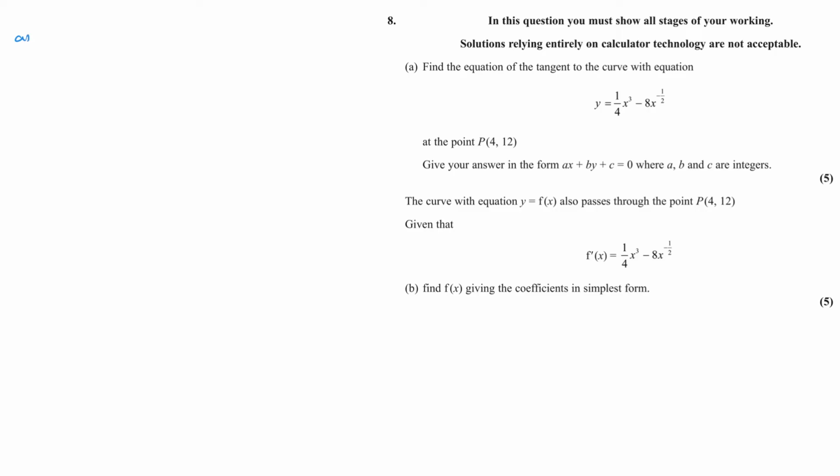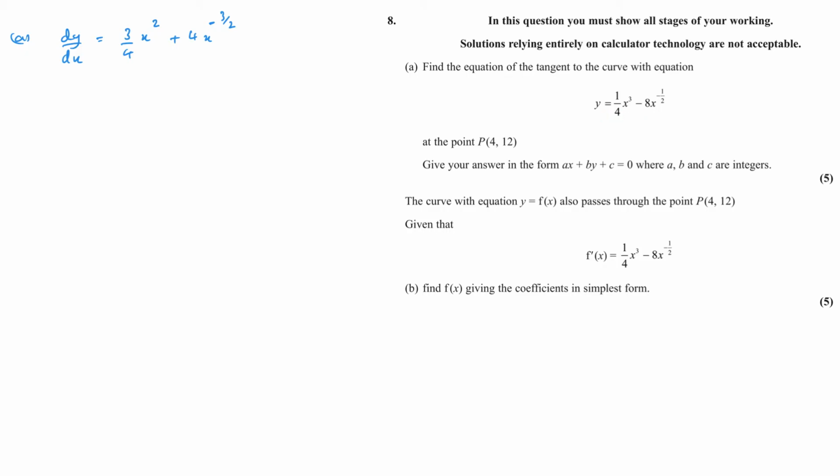So, to be able to find the equation of a straight line, we need the gradient and 1 point. So the gradient can be found with dy by dx. So it's going to be 3 over 4 x squared minus 4x to the minus, oh hang on, sorry, scratch that, that's already a minus a half, so bring down the minus half, so it's going to be plus 4x to the minus 3 over 2.